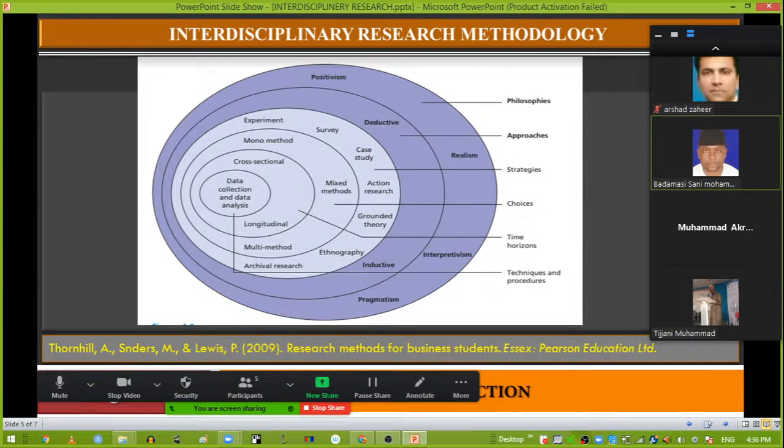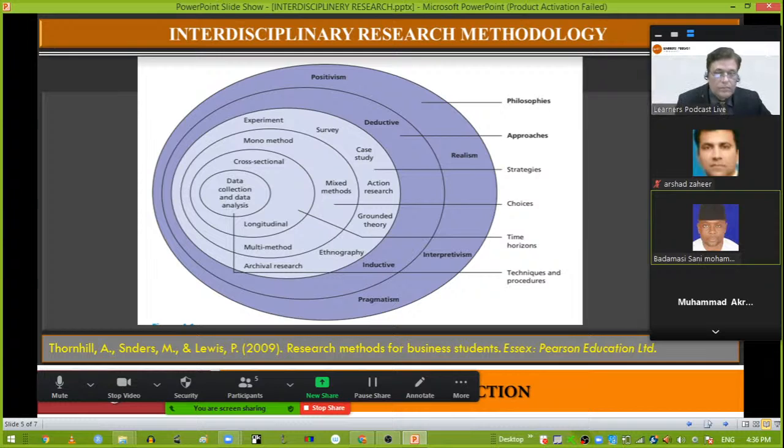You can look into the composition of that research, one layer after the other, to make sure that what you have captured in your research is complete. Thank you very much.